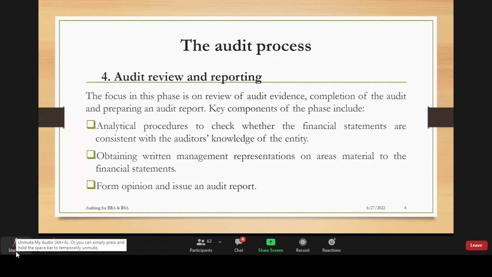When aggregated, they may become so material. So there is that element. You cannot say that you're absolutely sure that the financial statements are free from material misstatements, because you're not looking at everything. I don't know whether I've answered your question, MM.